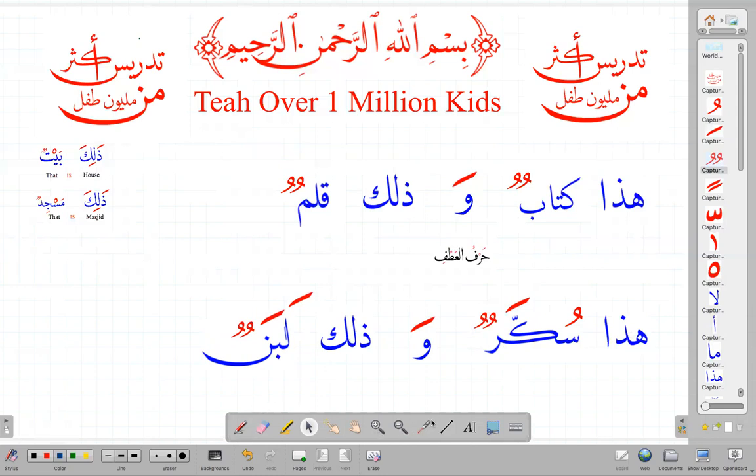We remember that this is called the tanween. The tanween is for the indefinite. Okay. هذا سكر وذلك لبن. So we have here different indefinite words, which is لبن.